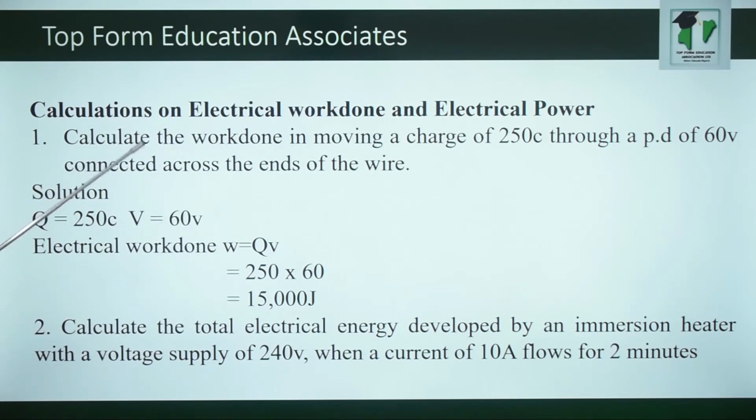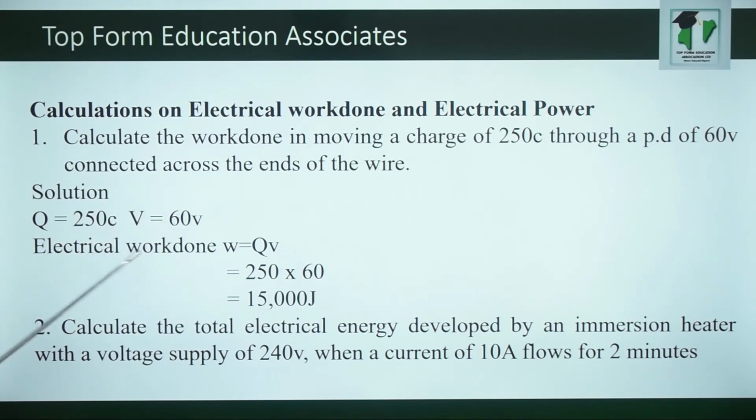The first one: calculate the work done in moving a charge of 250 coulombs through a PD of 60 volts connected across the ends of the wire. Calculate the electrical work done. The parameters given to us are the charge, 250 coulombs, and the voltage, 60 volts.